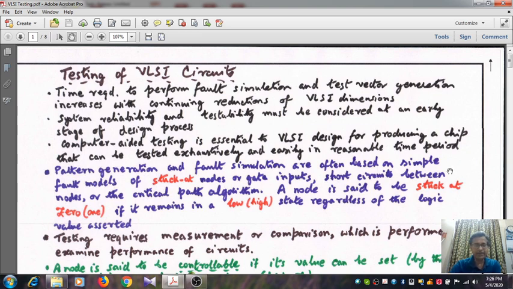Now what do we mean by stuck nodes? A node is said to be stuck at 0 or stuck at 1 if it remains in a low state or a high state regardless of the logic value asserted.